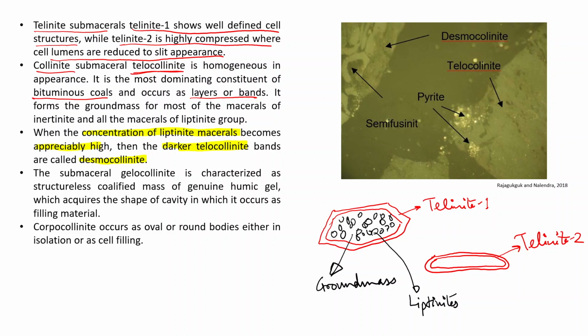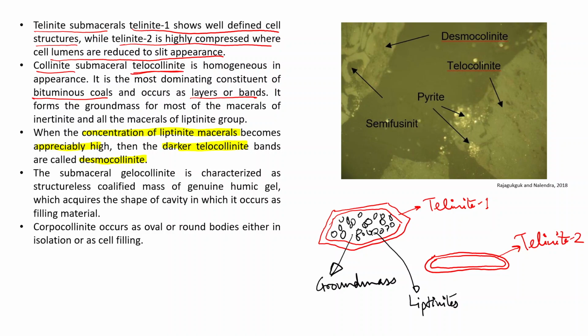But at certain times, the abundance of liptinite macerals becomes very high, and we are aware that liptinites have a darker reflectance, so they give dark color to these bands of telocolinite. And once this telocolinite becomes darker due to these liptinite macerals, it is called desmocolinite.